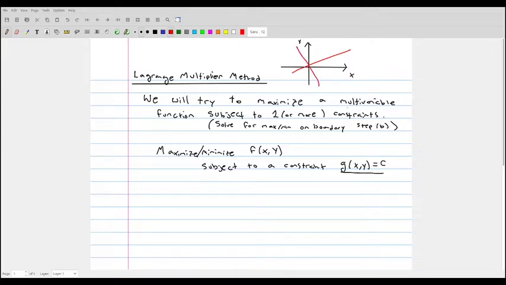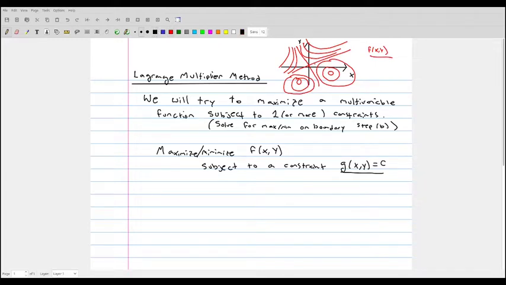This corresponds to a specific level of the function where maybe there's a max or a min right here. And same thing right here. So these are just level curves of our multivariable function f of x y in red.